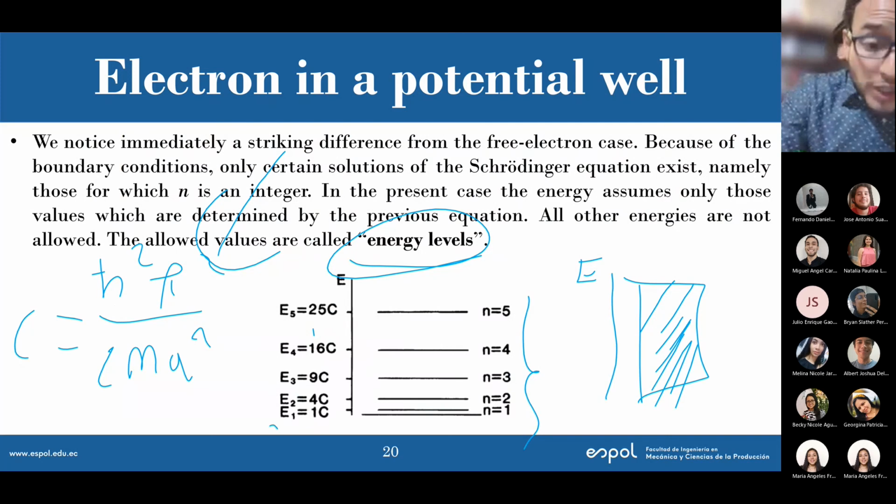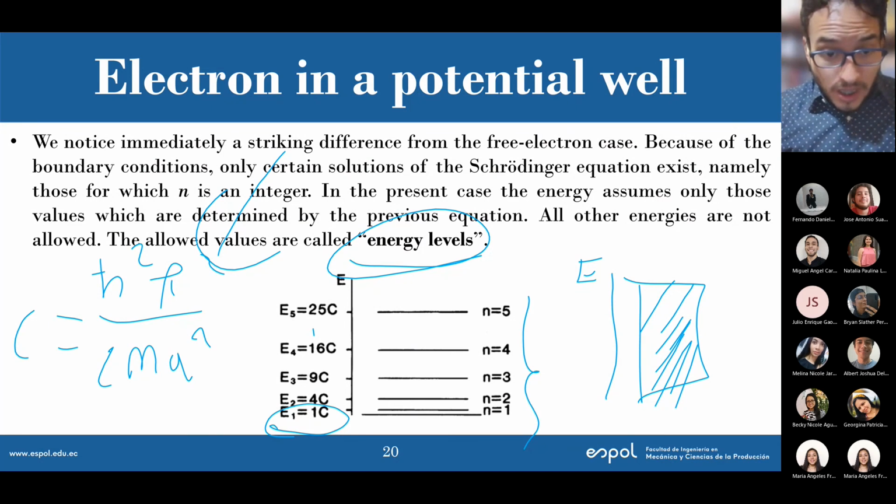And this E1 that you see here, this 1C, is called the zero-point energy. If you realize, the energy doesn't really start at 0. It starts just above 0 with what's called the zero-point energy, that in this case is 1C.